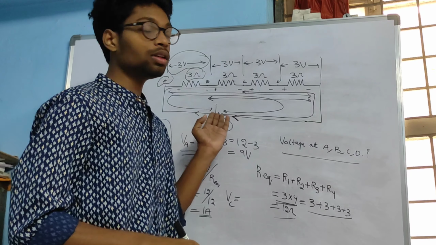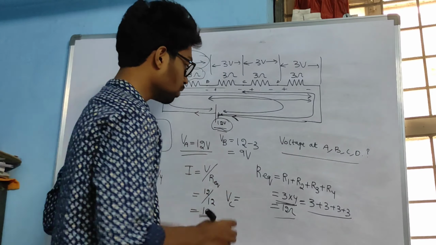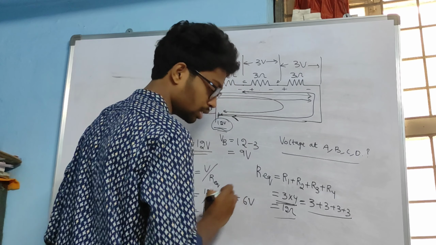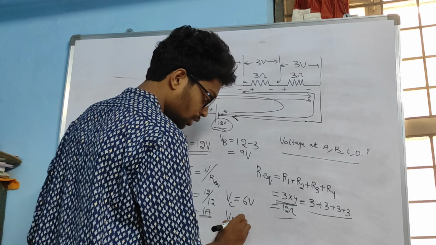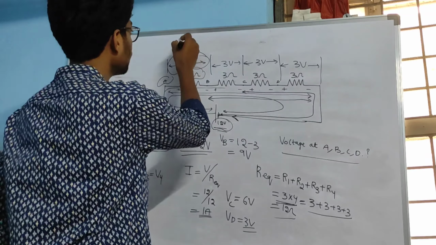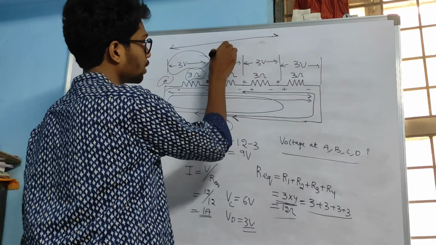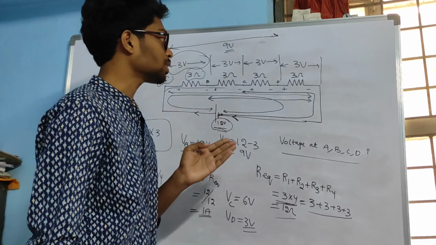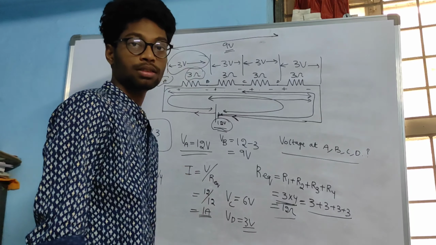Whenever we have to find the voltage, we have to take the reference place, that is negative terminal. So VC will be of 3 plus 3, that is 6 volts. Coming to the VD, VD is of 3 volts. This is because the whole 9 volts from the source has been dropped over here. So only 3 volts will be dropped across 3 ohm resistance, that is fourth resistance. So VD is of 3 volts.